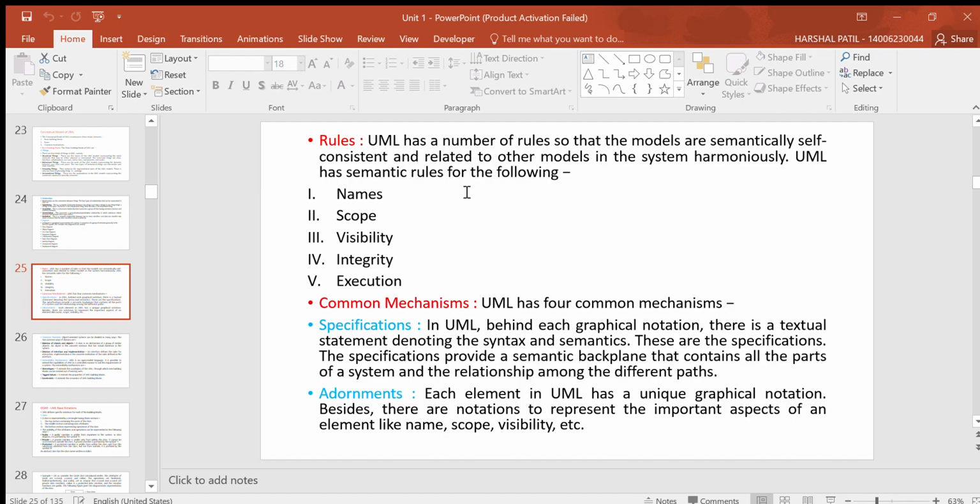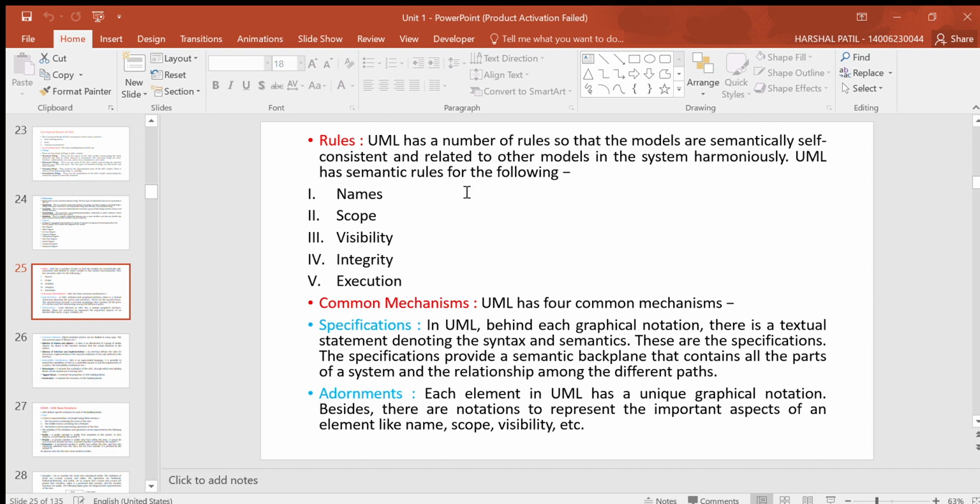Common mechanisms. UML has 4 common mechanisms. Specification: behind each graphical notation there is a textual statement denoting the syntax and semantics of the system. These are the specifications.